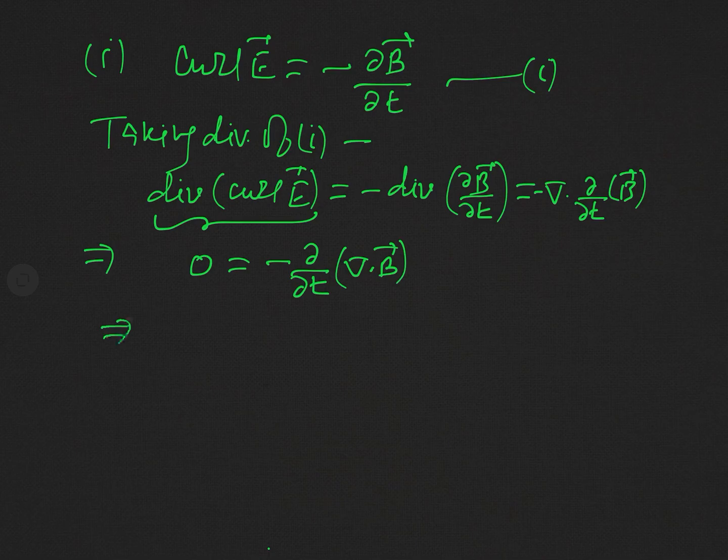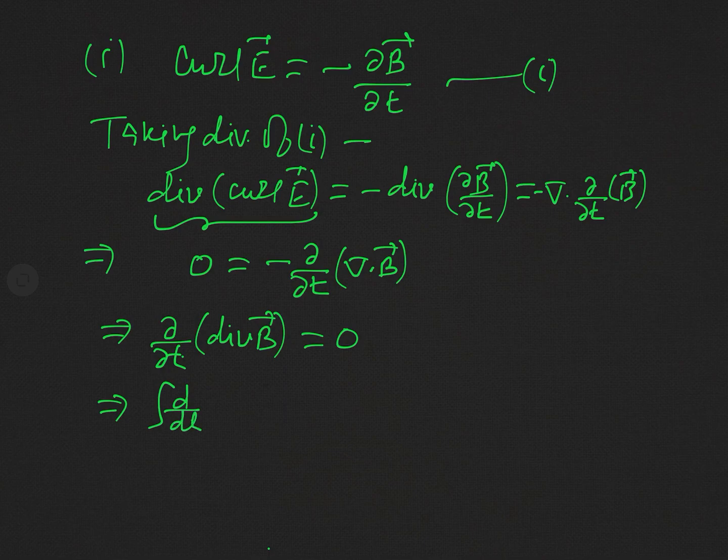And in this way, we can see that del T divergence of B is equal to 0. I have omitted the negative sign, and equivalently we can write it as integral d dt of divergence of B dt equal to 0.